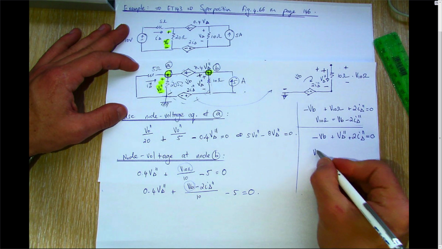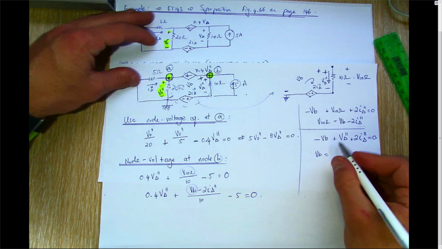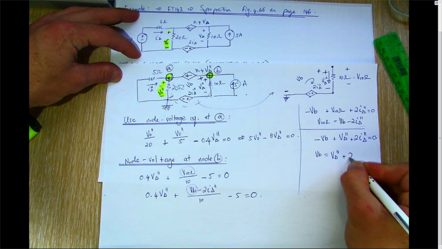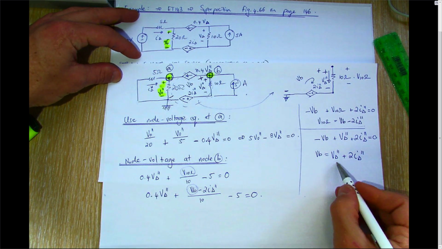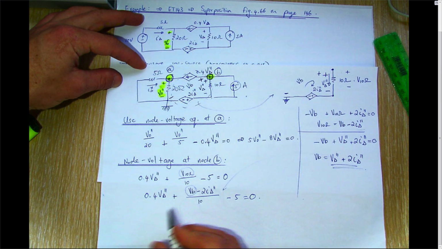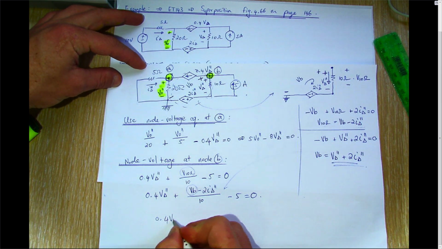So VB is equal to V delta double prime plus 2I delta double prime. Okay, now I've got that, I can substitute that in here, and then I get something that looks like this.